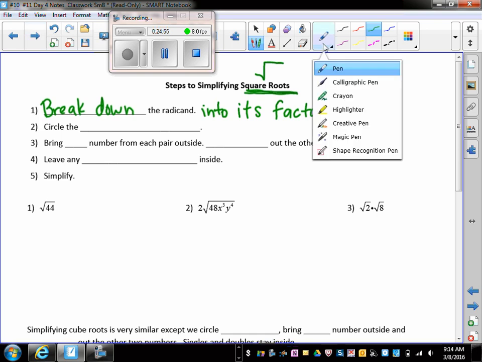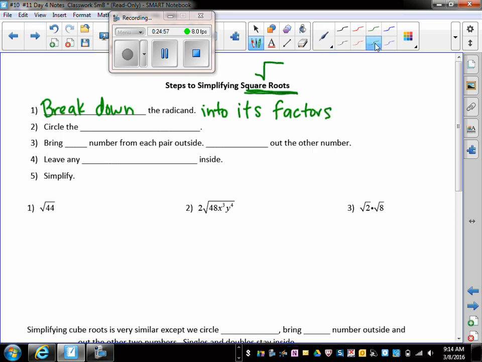Alright, so 44. We want to break this down as much as we possibly can. Now, a hint. Whenever you have an even number, you can divide it by 2. Sometimes you can also divide by 4, but you know you can at least divide it by 2. So 44 is even.